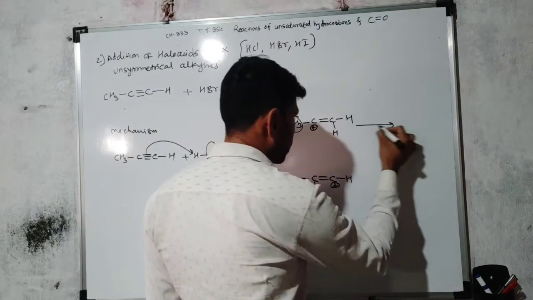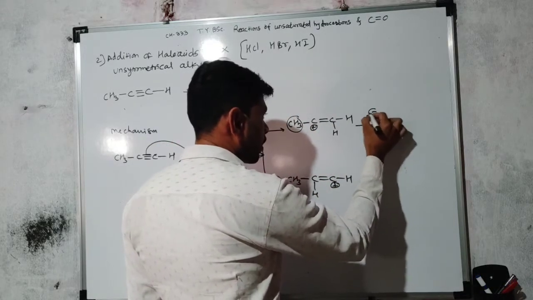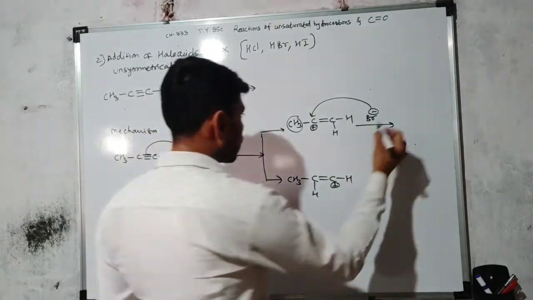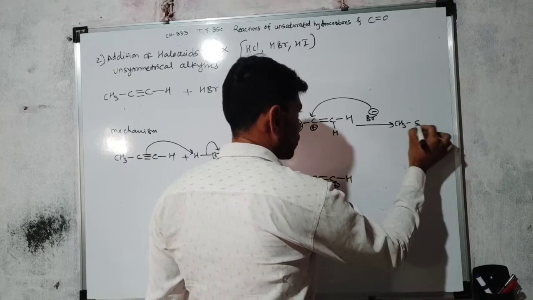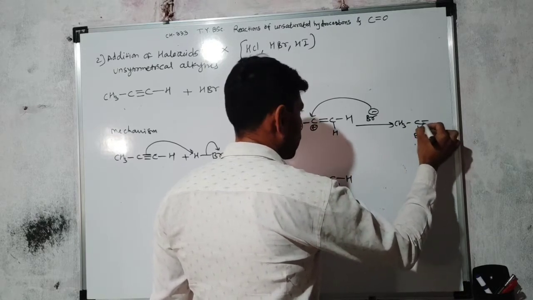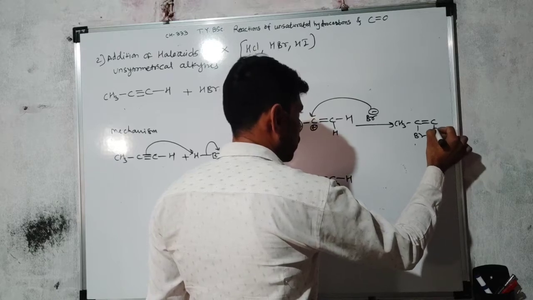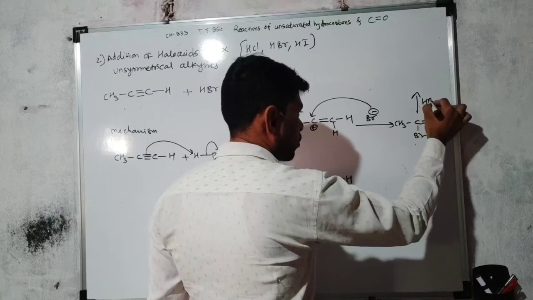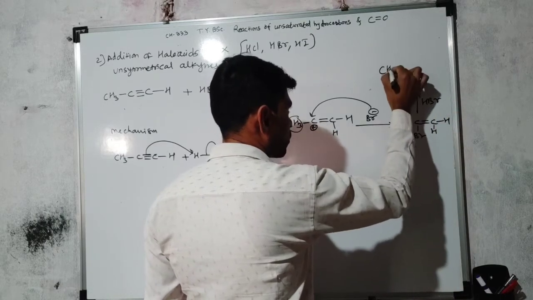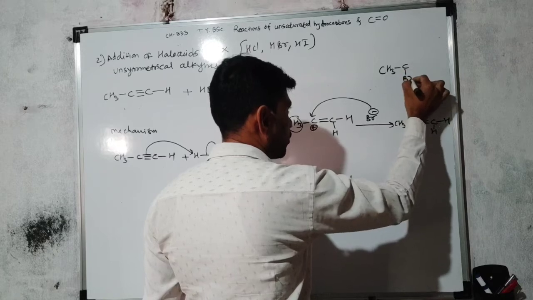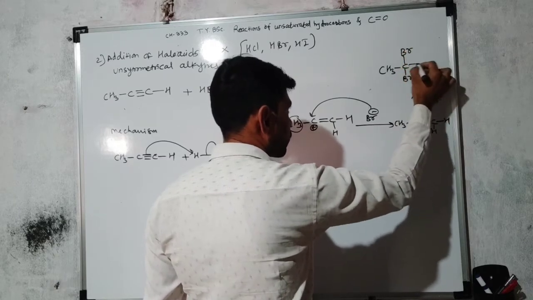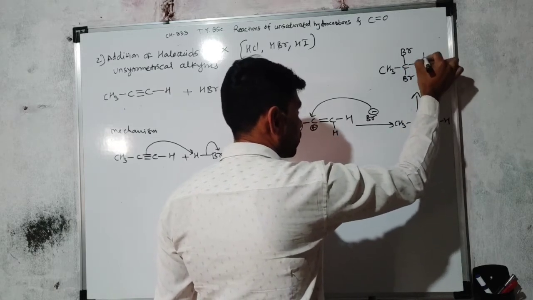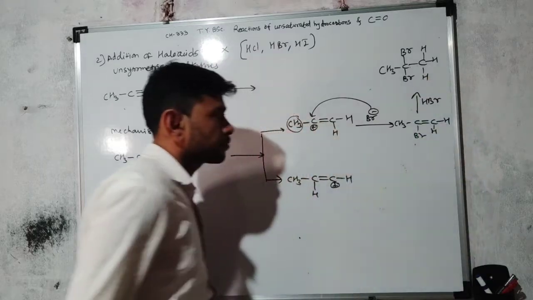So for the more stabilized carbocation, in the next step the nucleophile attacks here and we get the product CH3 C Br double bond C H H, and here again another mole reacts to form CH3 C Br single bond CH3.